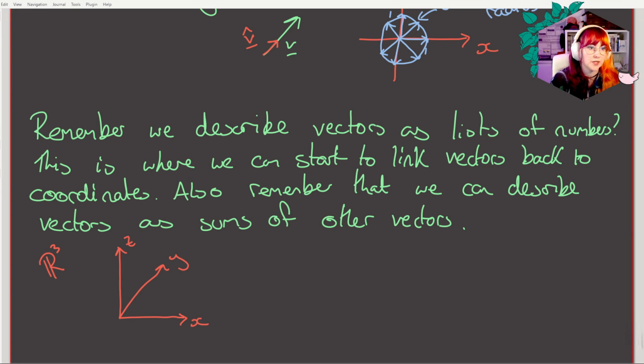Then what I can do, and this is what we do, is define a unit vector in each of my three directions along my three axes. So I have vectors of length 1 that point in each of my three directions, and each of those directions are at right angles to each other. Remember, they're perpendicular. And I'm going to define them as i, j, and k.